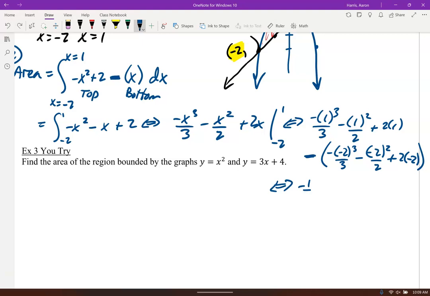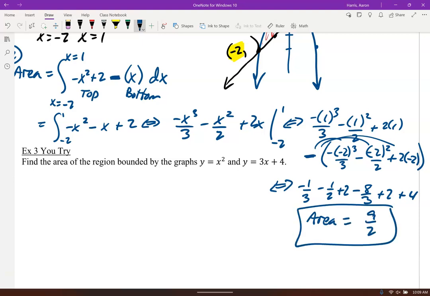Oops. So that'd be minus, I'm going to take this through. Let's see, so that ends up being 9/2.